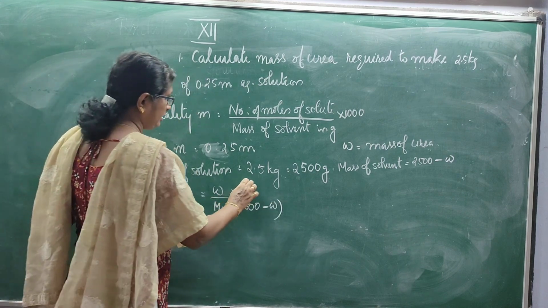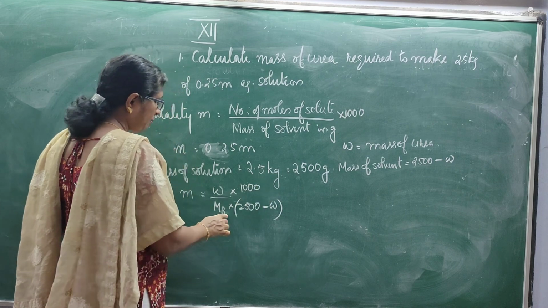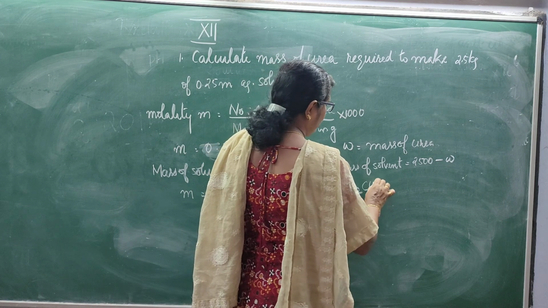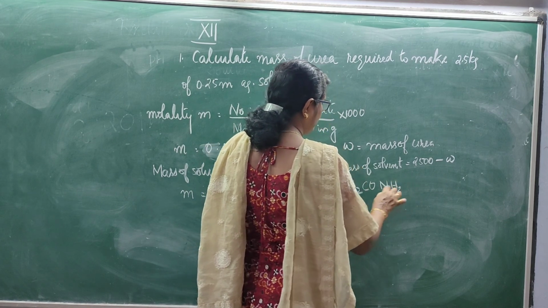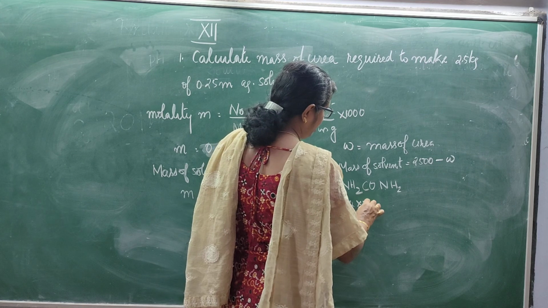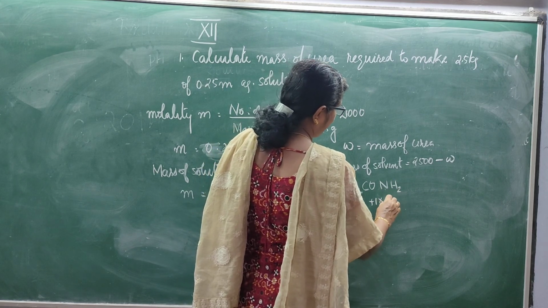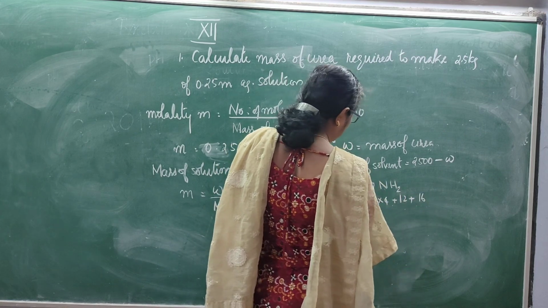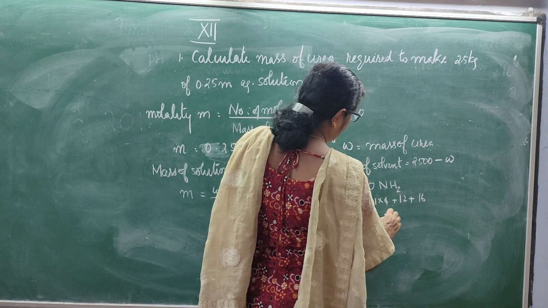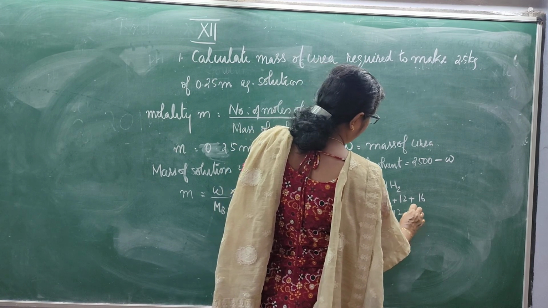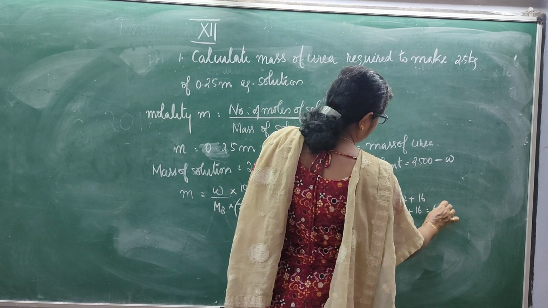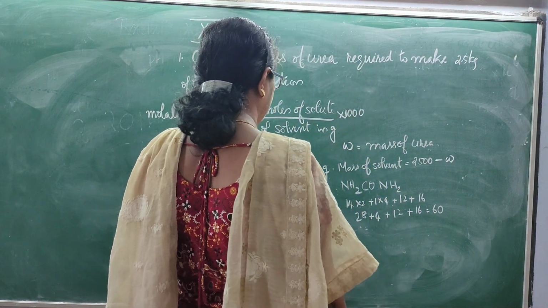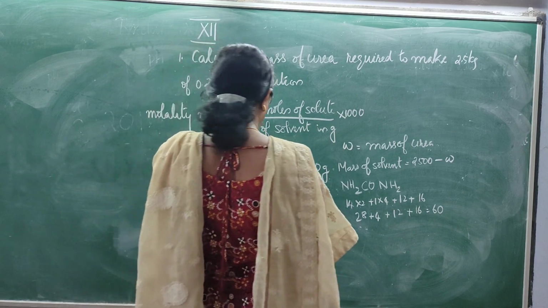Now into 1000. Now what is the molar mass of urea? Urea is NH2CONH2. That means 2 nitrogen atoms, so 14 into 2, plus 4 hydrogen, 1 into 4, 1 carbon, 12, plus 1 oxygen, 16. So 28 plus 4 is 32, plus 12 is 44, plus 16 is 60.